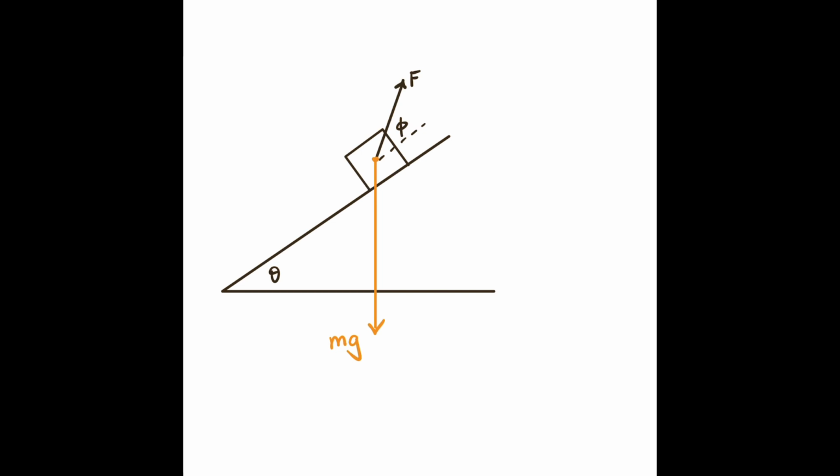But since we want all of the forces to be acting in the same direction, I'll draw a coordinate system which we'll be following. This is our x-coordinate in the positive direction. This is our y-coordinate in the positive direction.